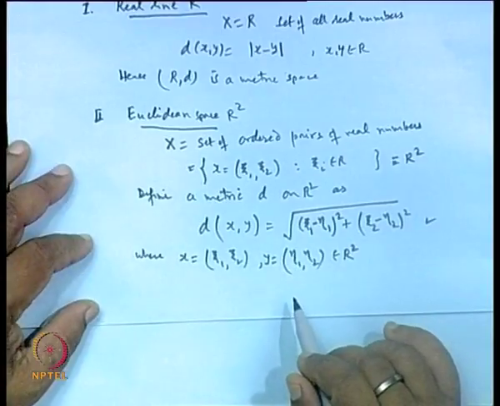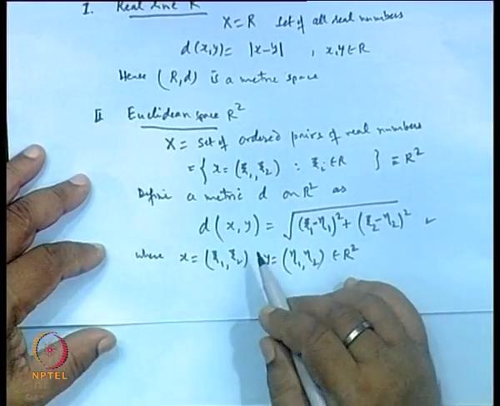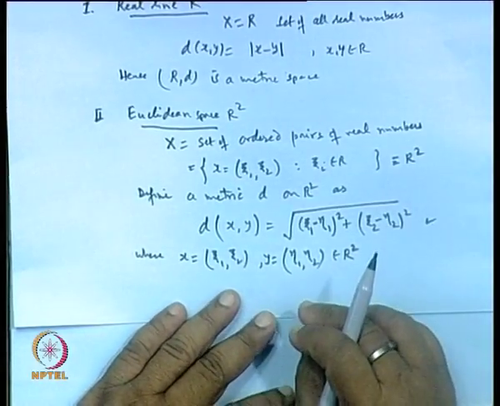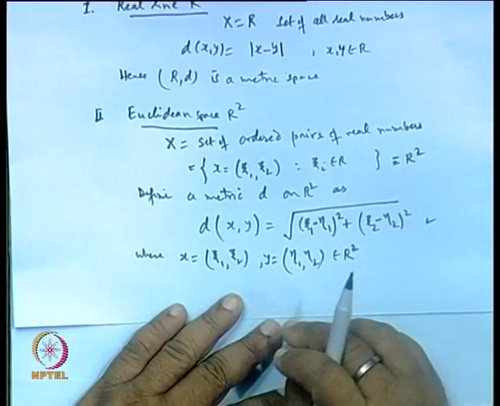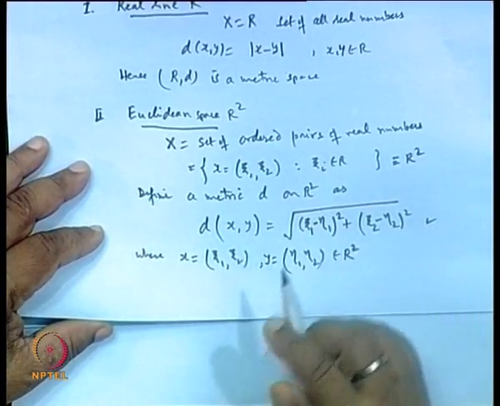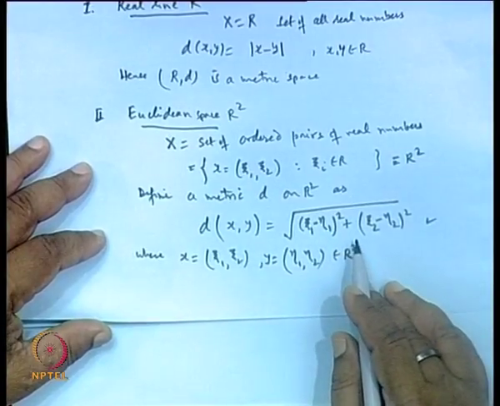The fourth property, M4, that is the triangular inequality, requires some more concepts to prove. That particular inequality we call the Minkowski inequality. It will be derived later on, and with the help of the Minkowski inequality, it can easily be shown that it satisfies the triangle inequality.